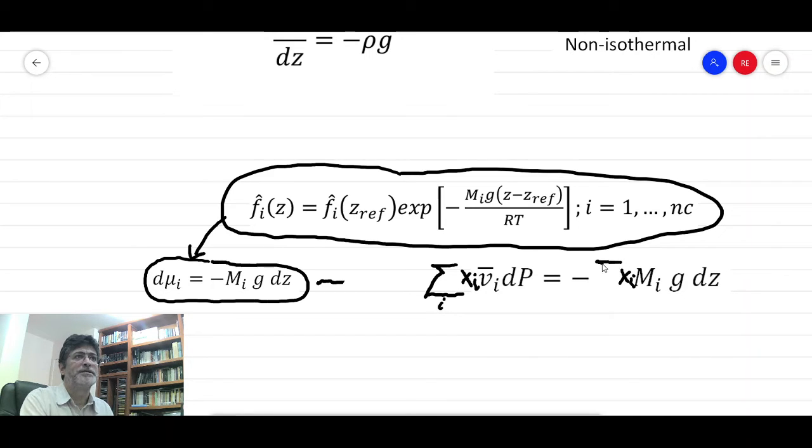When you do that, you have V, the total molar volume, dP, equal to the overall molecular weight, which is the sum of x_i M_i, times g dz.